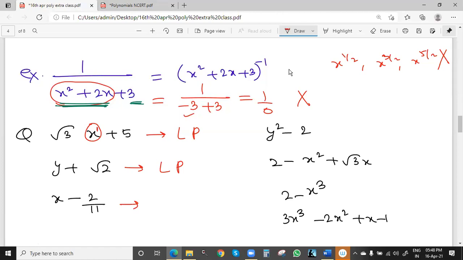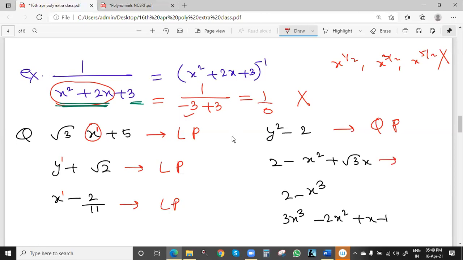Second one, again linear because y to the power 1. Third one, linear polynomial because x to the power 1. Fourth one, this one: y square, quadratic. QP, I am writing in short, quadratic polynomial.